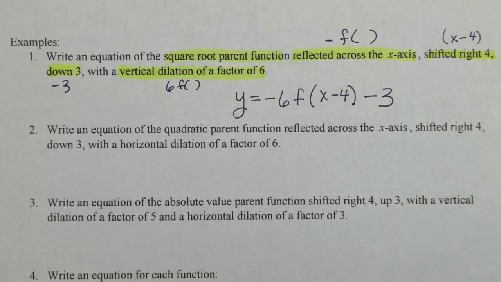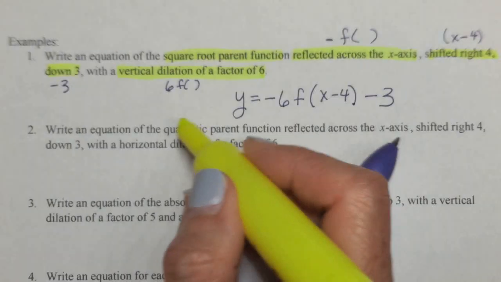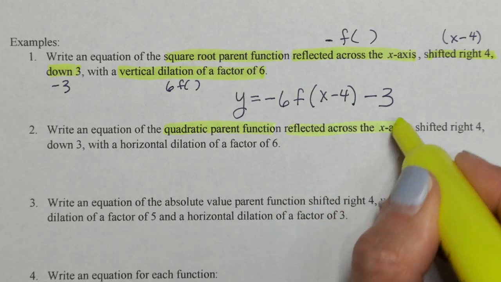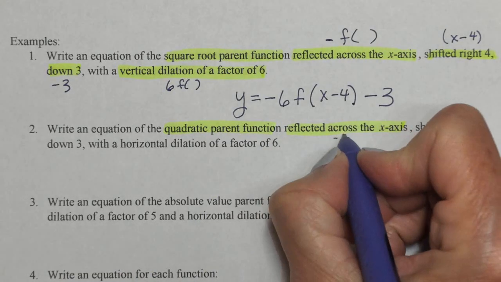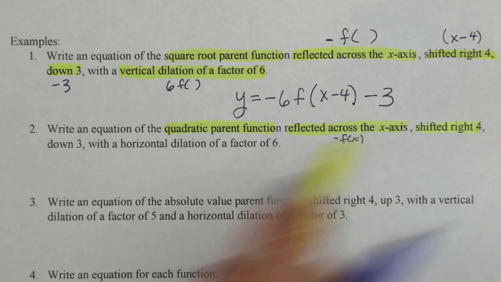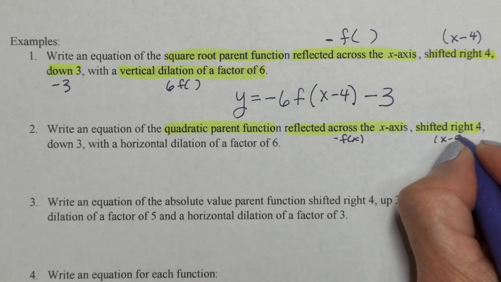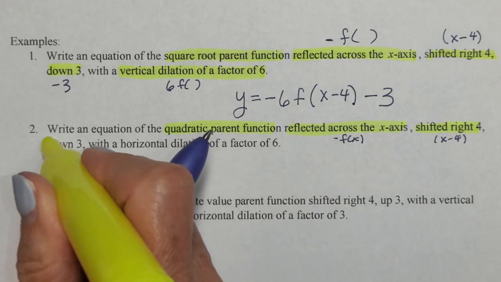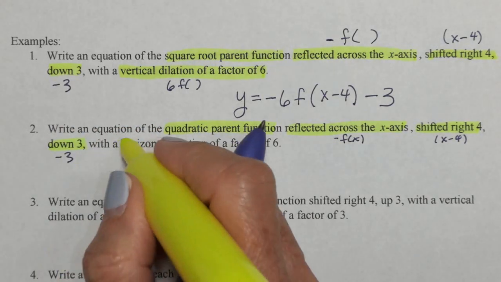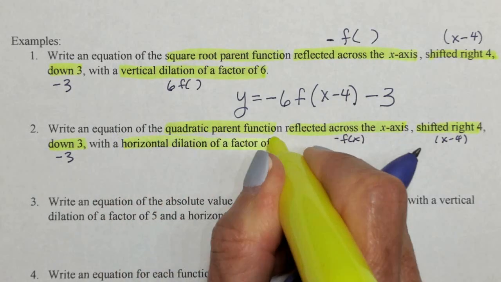Okay, let's write the equation of the quadratic parent function, still reflected across the x-axis. That'll make it a negative f of x. Shifted to the right 4 still, so still x minus 4. Down 3 still, so the whole thing minus 3. Horizontal dilation of factor 6.